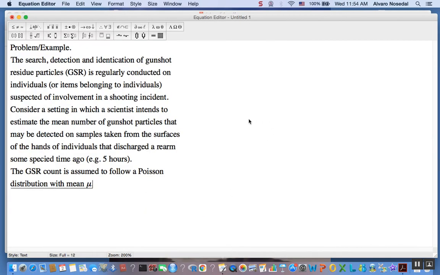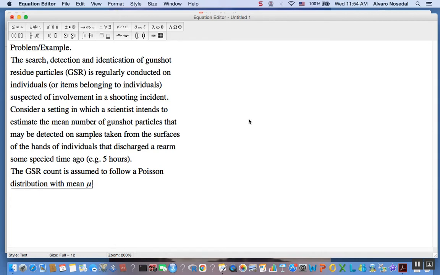So that's the problem we would like to tackle. That's the example we would like to talk about. This problem has to do with gunshot residue particles. Basically, what we want to do here is estimate the average number of GSR particles that may be detected on samples.